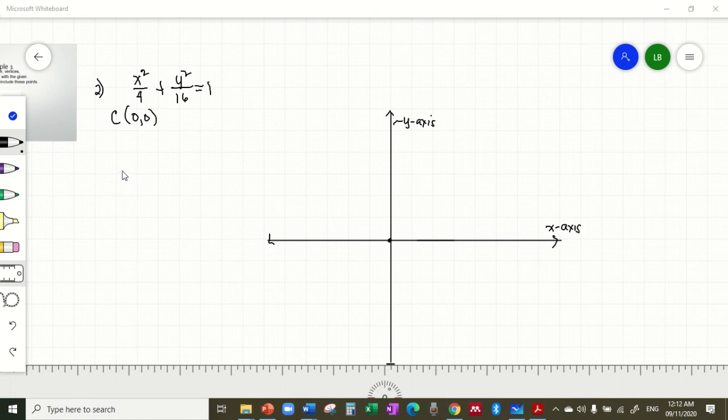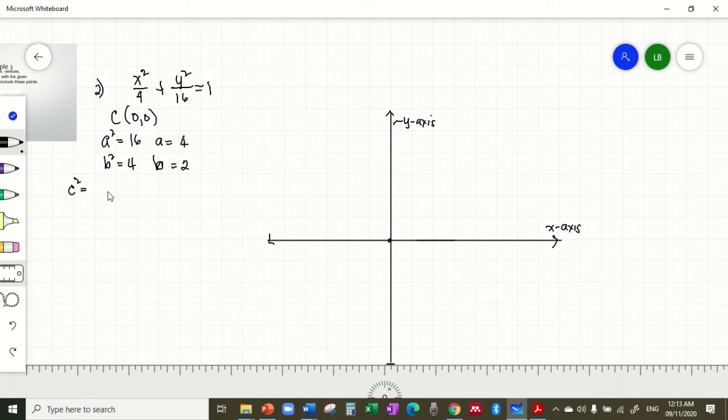Okay, let's have x squared over 4 plus y squared over 16 equals 1. So again, the center is 0, 0. Ang a natin ay 16. So, 16 is bigger than 4. So, our a squared equals 16. So, a equals 4. And b squared equals 4. So, our b equals 2.